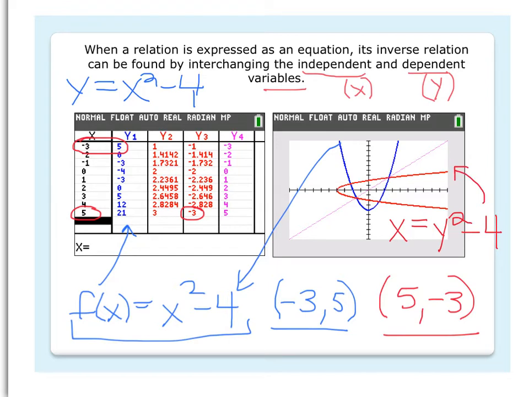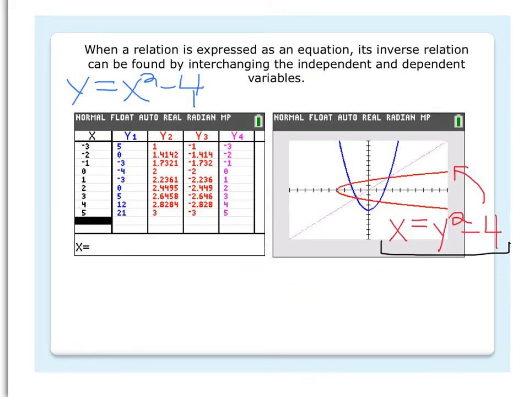Now, in order to graph what I have in red there, because we know on the graphing calculator you have to have y by itself to type an equation into the equation editor, I had to do some algebra and solve this equation for y in order for this red graph to show up on my graphing calculator. If I'm going to solve this equation for y, I would start by adding 4 to both sides.